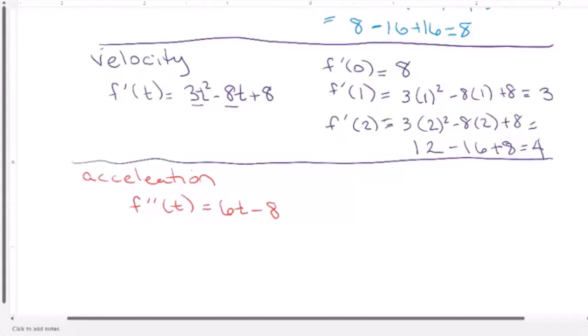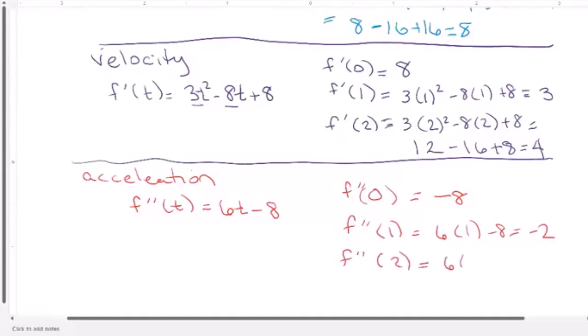My values here are f double prime of 0, that equals negative 8. f double prime of 1 is equal to 6 times 1 minus 8, which equals minus 2. And f double prime of 2 is equal to 6 times 2 minus 8, which is 12 minus 8, or positive 4. So why is this happening?